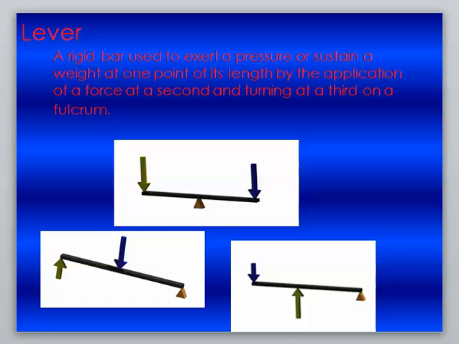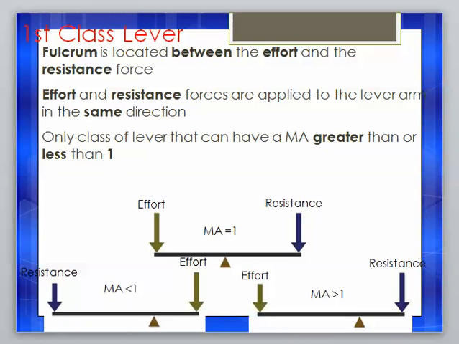Alright, let's start with some levers. A lever is a rigid bar used to exert a pressure or sustain a weight at one point of its length by the application of a force at a second, and turning at a third on a fulcrum. That's what we're talking about, giving all these different examples here of levers. First class lever: a first class lever is a teeter-totter.